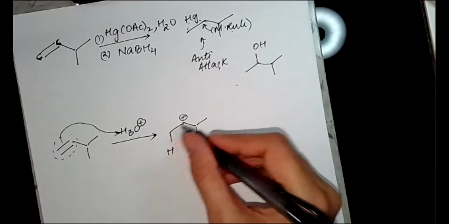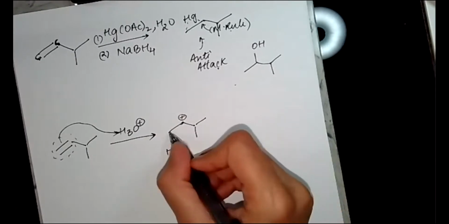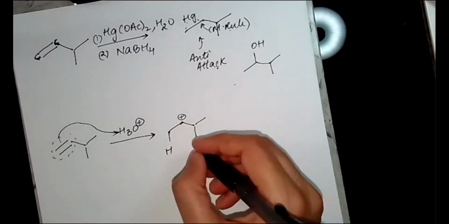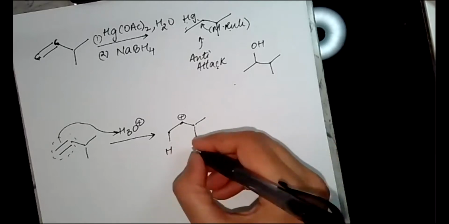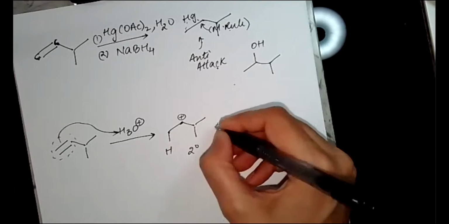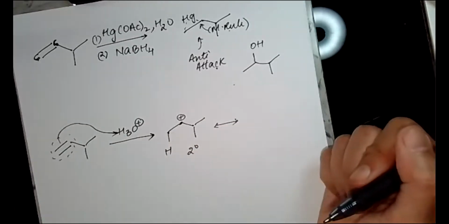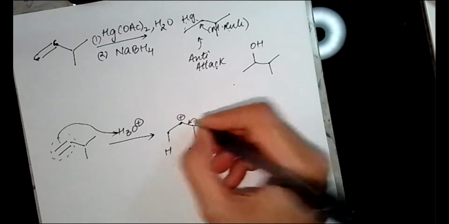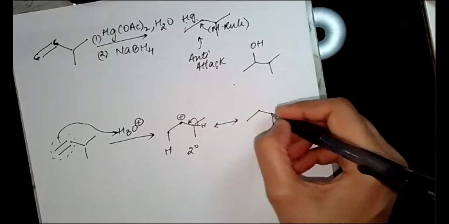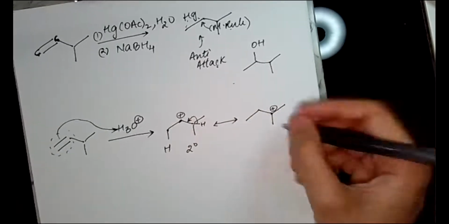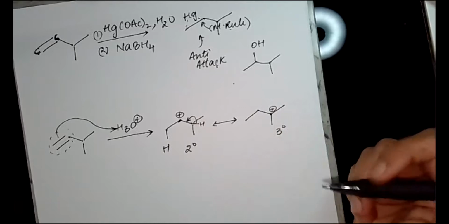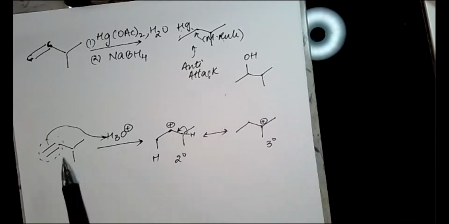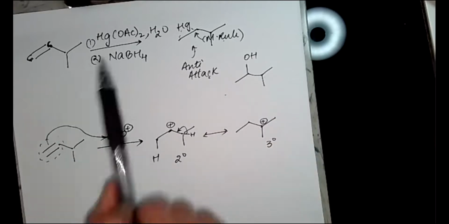Why is the carbocation on the more substituted carbon and the incoming proton on the less substituted? This is how Markovnikov's rule will play. This is a secondary carbocation. Every time a carbocation forms, it will rearrange. So it rearranges and forms a tertiary carbocation. If you wanted rearrangements, you should use this particular reagent.